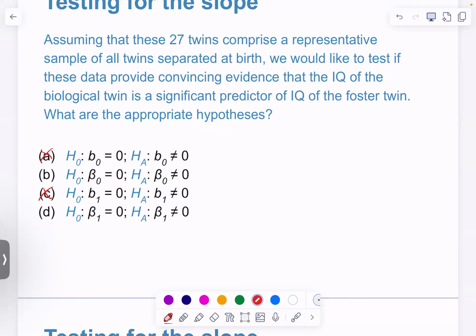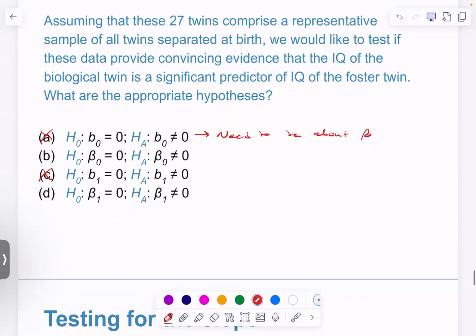And so the hypotheses need to be about beta, either beta naught or beta 1. Now, beta naught is the intercept. We can hypothesize about the intercept, and you see that there's a p-value associated with it, but it's not ever interesting because knowing if the intercept is 0 or not doesn't tell us anything.